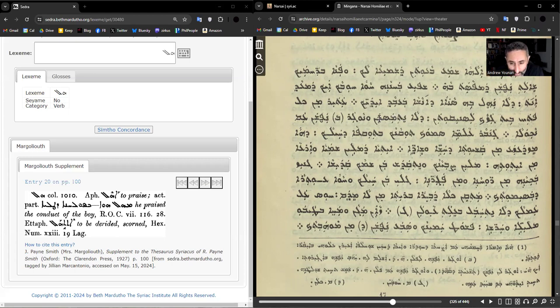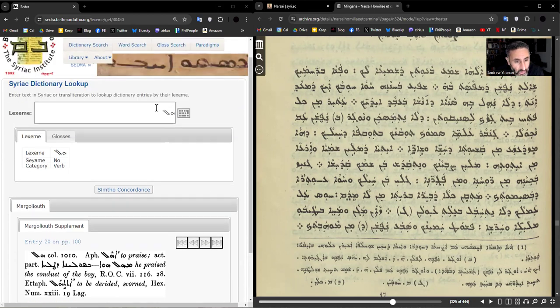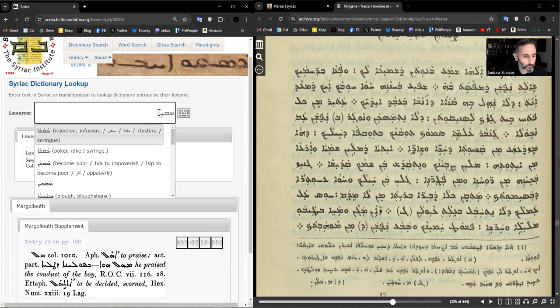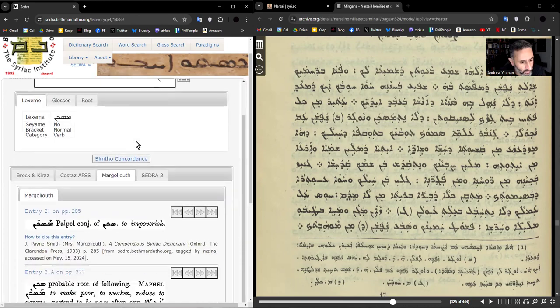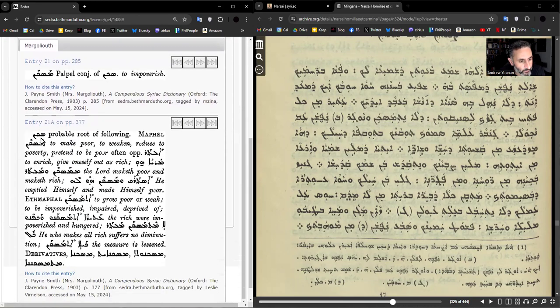So this meme might actually be part of the root. Let's look up meme, simkath, kap, noon. Let's see if noon is part of the root. And there it is. So meskin, sekin, is the probable root of meskin.